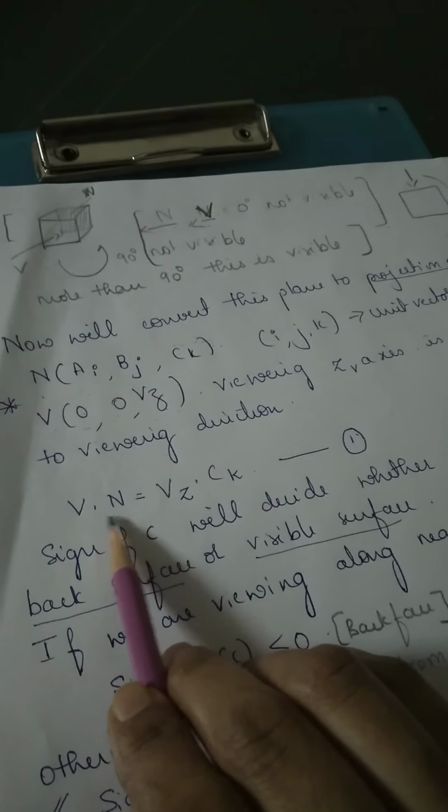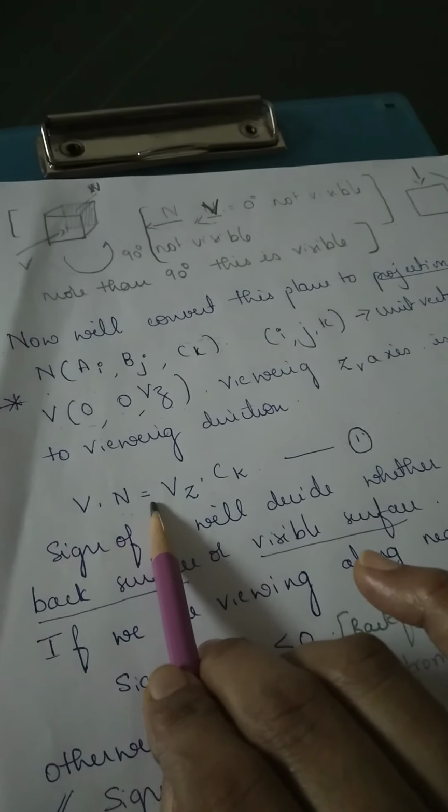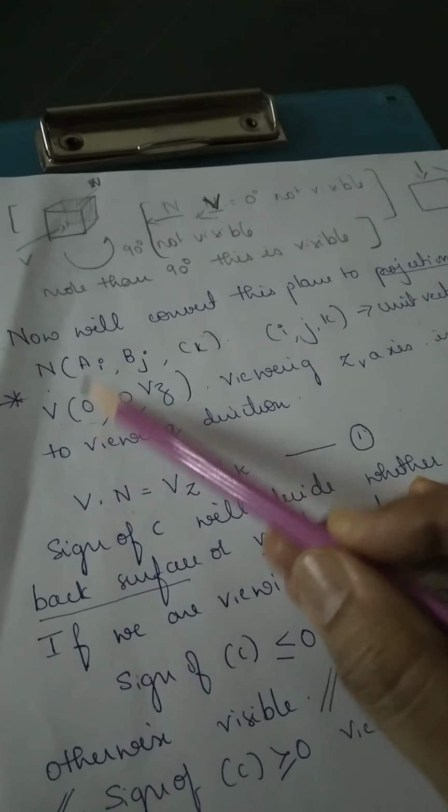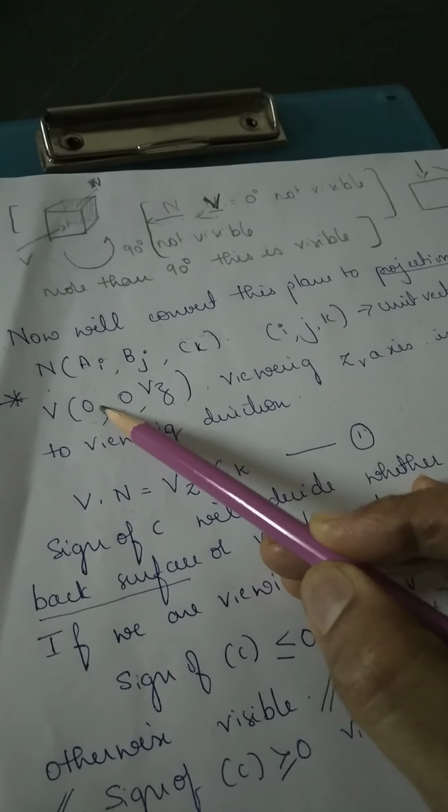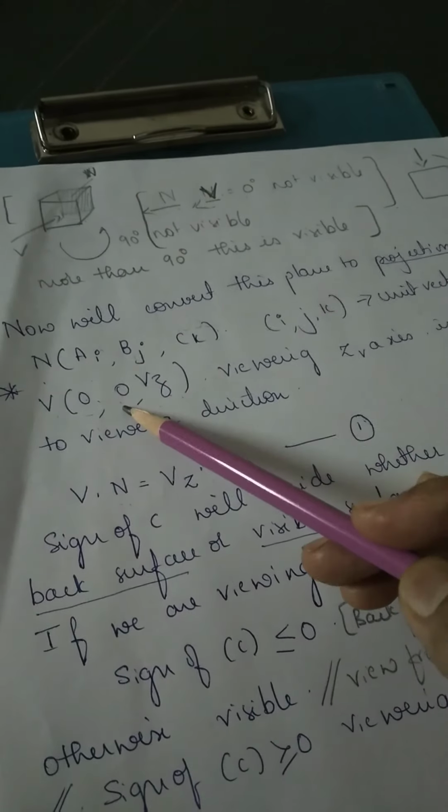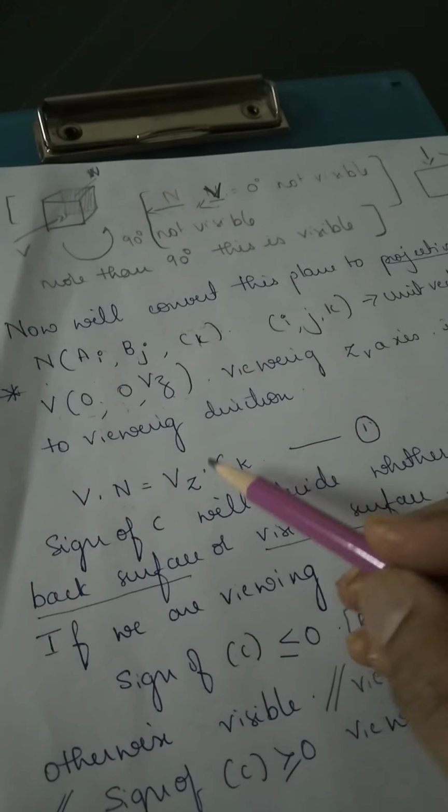Now my vector V dot N is equal to A i into 0, plus 0, plus C k into Vz.